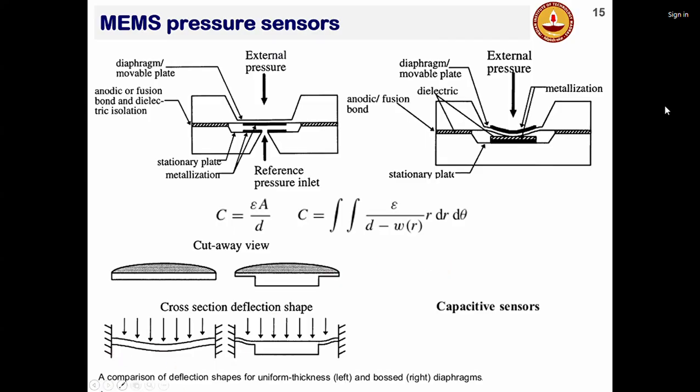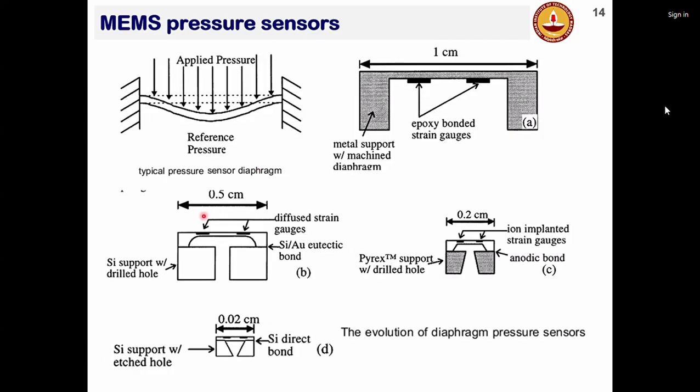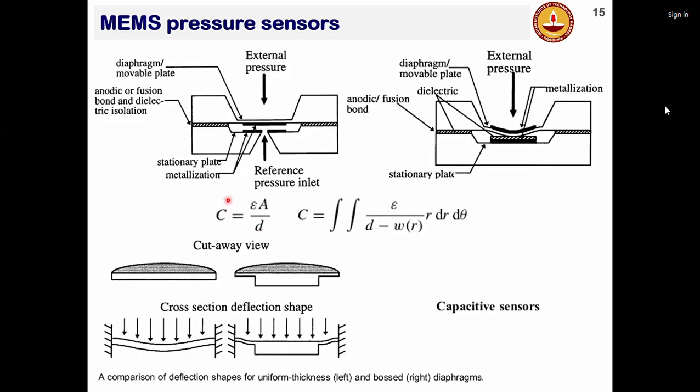So this is where we looked at the resistance change, and you can also have capacitance change measurement. As I was saying, you can have the diaphragm here, and the bottom end of the diaphragm has one electrode, and the bottom side of this chamber has another electrode.